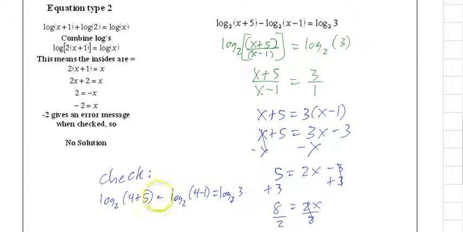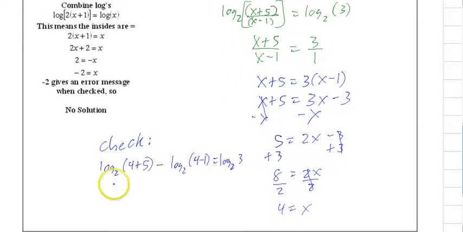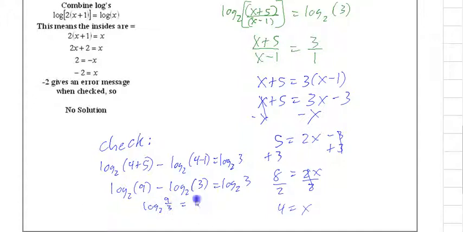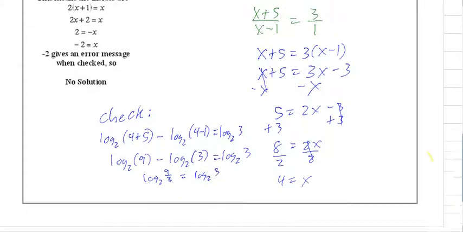So even though we can see they're positives, we want to make sure we have the right answer. So log base 2 of 9 minus log base 2 of 3 is log base 2 of 3. Okay, and then we can use our division, 9 divided by 3. So log base 2 of 3 is log base 2 of 3. It checks out. So our answer is 4.